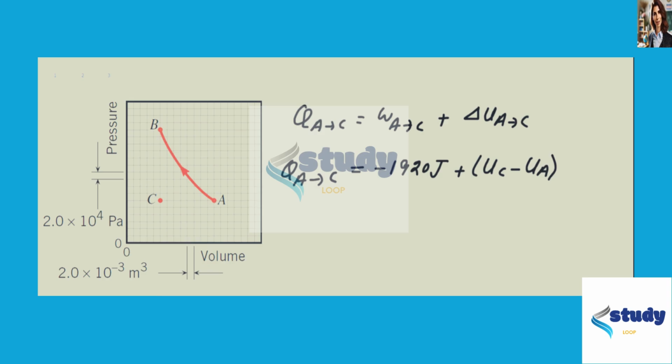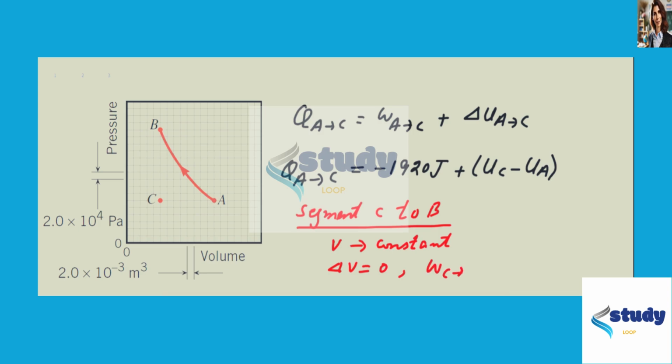Now we want to take segment from C to B. In this segment, volume is constant, so change in volume is equal to 0. So this gives us work done from C to B also equal to 0.